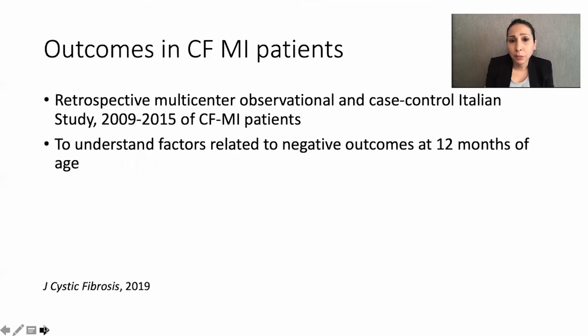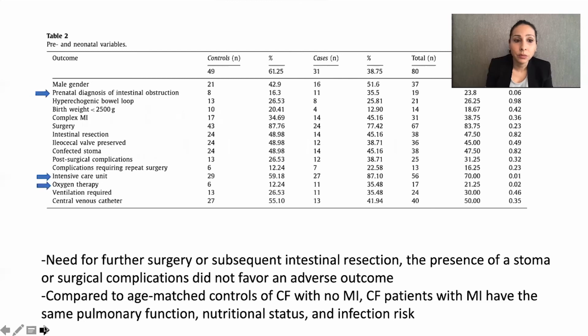Outcomes in CF meconium ileus patients have been looked at. There was a retrospective multicenter observational as well as case control Italian study that was done over a 6-year period, to understand the factors that were related to negative outcomes at 1 year of age following MI.